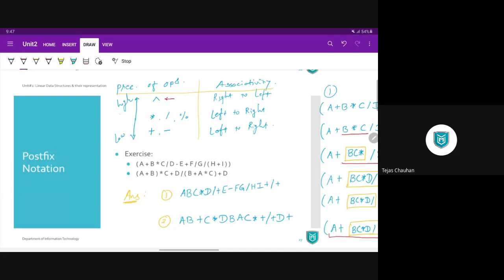Then modulo, division and multiplication have lesser precedence compared to power, but higher precedence compared to plus and minus. So this is the hierarchical order of precedences we can keep aside.